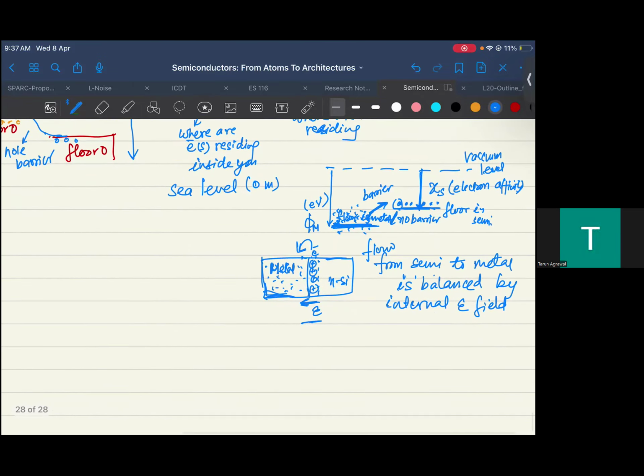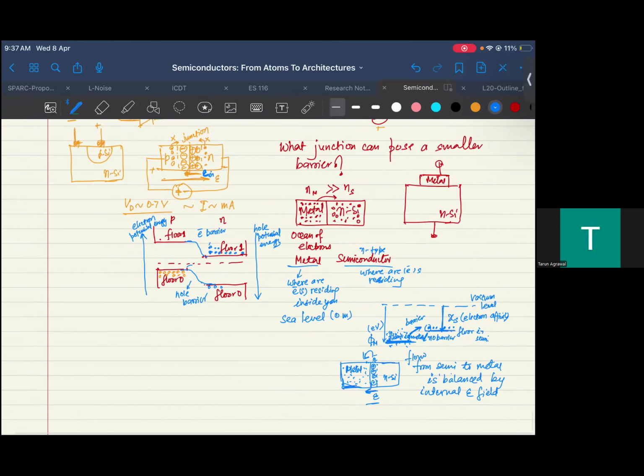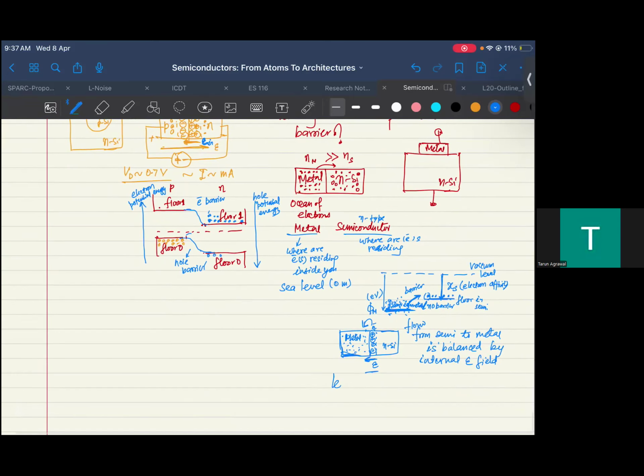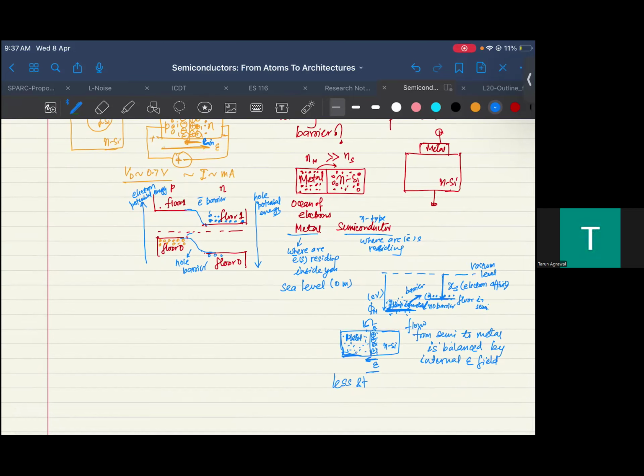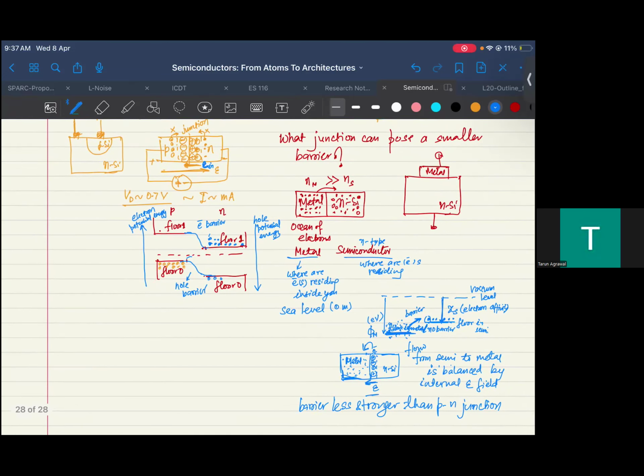So now what do you see in this? One of the things you can clearly see is that the barrier seems less strong than your PN junction, right? And the reason, we already discussed what is happening here. The flow was happening from both sides, and the barrier existed on both sides, so that amplifies the effect.